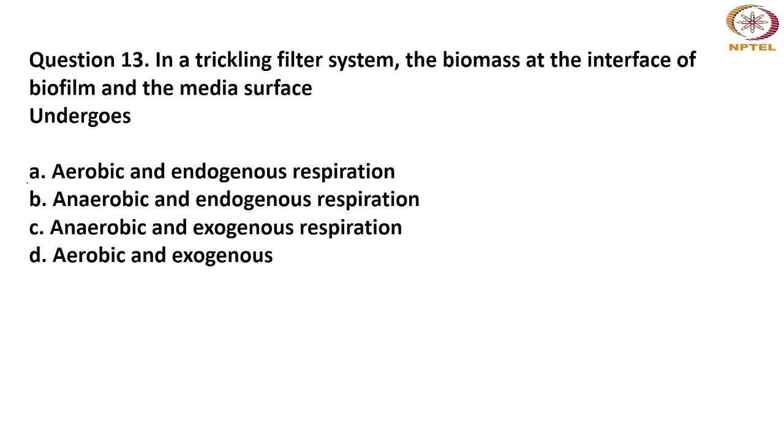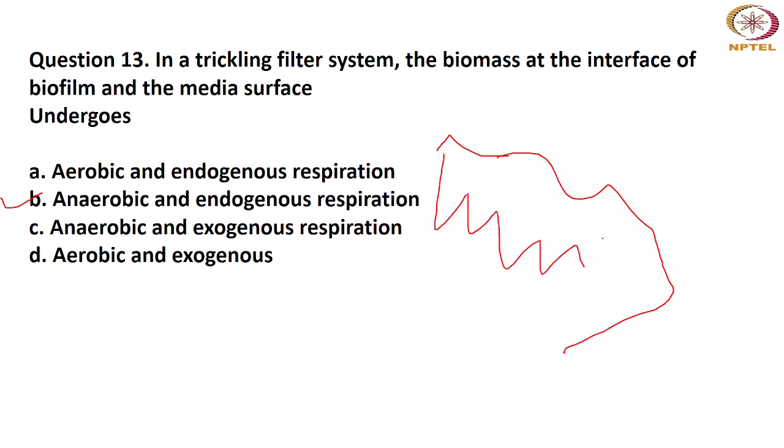The correct answer is option D, because suppose this is the rock for the trickling filter, or any plastic material, boulder material. Above that, I am getting this bacterial biofilm growth.